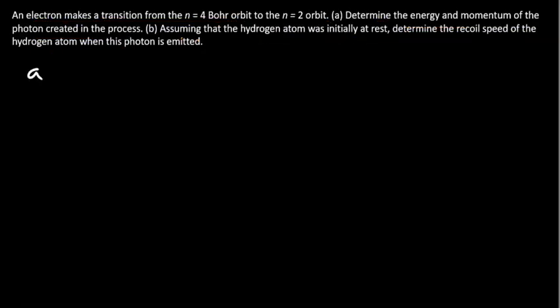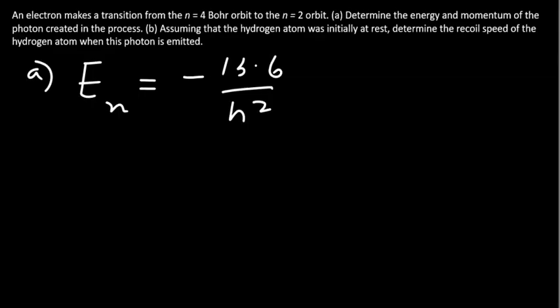So let's do part A. Energy associated with nth orbit equals minus 13.6 over n squared, and the unit is of course electron volts. If the unit joule is required, then we have to multiply this result by the electronic charge.